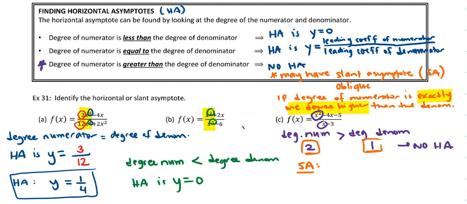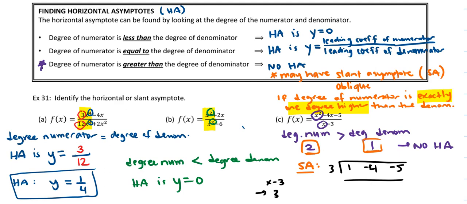Well, let's do the synthetic, save us some time. So the divisor is x minus 3, so that tells us that we'll be looking at 3. It's the opposite of what we see. And we're going to list our coefficients of our numerator, and everything's in descending order, so we're good to go. The coefficient of x squared is 1. The coefficient of x is negative 4. And we have a constant, that's negative 5.